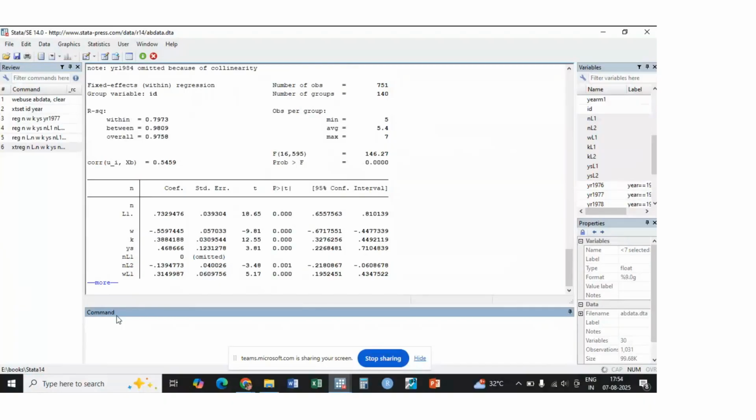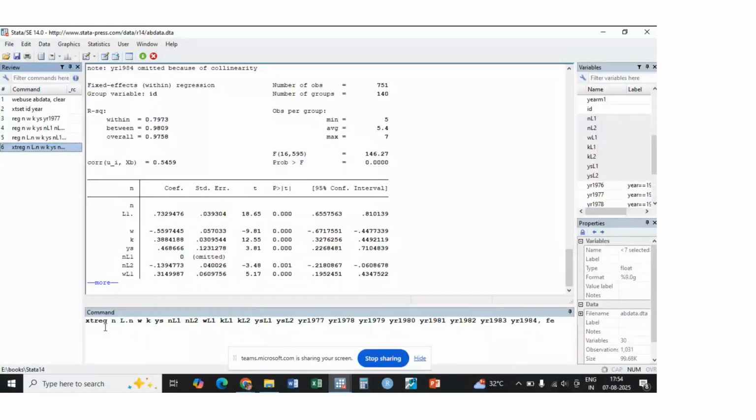For the people who did not understand the command, this is what I did. We are running the same model. The only change is that we are converting this regression into an XT regression, indicating panel regression. I added fixed effects here.